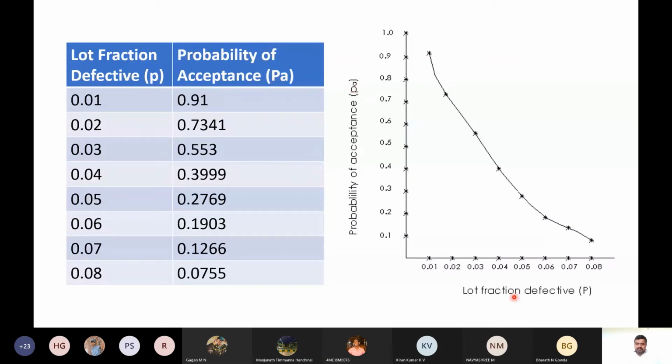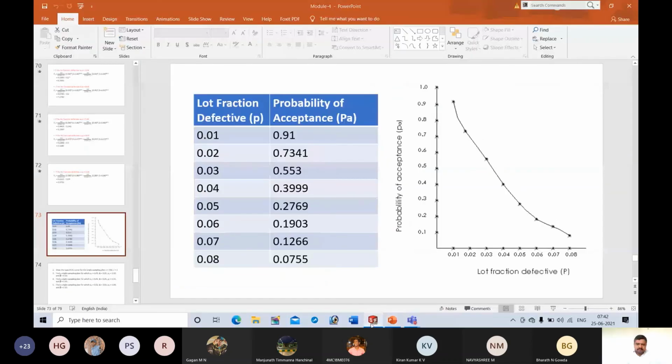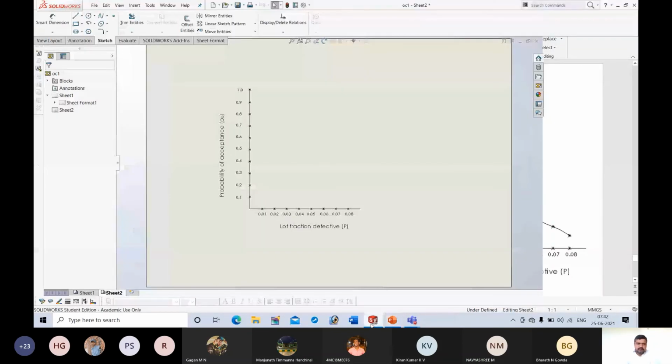On the x-axis, consider the lot fraction defective p. Next, plot the values and connect them with a curve.